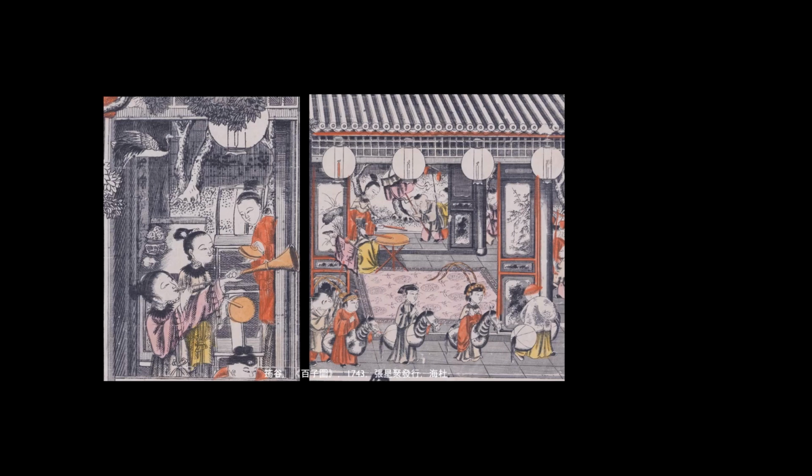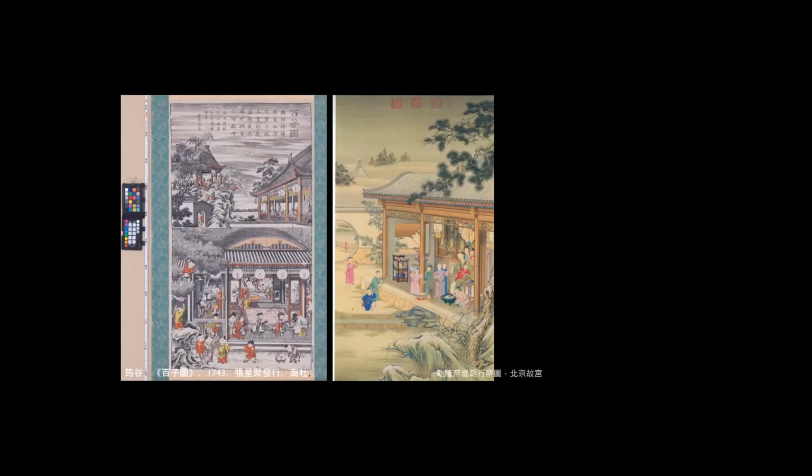And this kind of very decorative and intricate pattern can also be seen in the court painting, produced and done in the Qianlong Imperial Workshop, on the right. This is very intricate and decorative in nature.